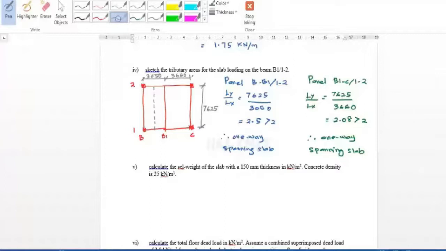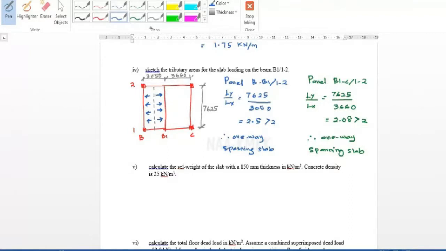Draw the arrow to show the load path from slab to beam. It means the longer span of the beam will support the load from this slab, and the shorter one will not support any load from the slab.